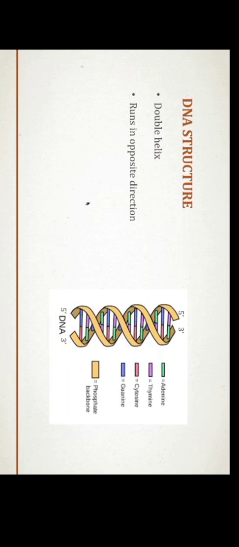All right. The DNA structure, class, its shape is a double helix, according to Watson and Crick. They are the ones who proposed this structure of DNA, which is a double helix. Each backbone of DNA runs in an opposite direction.